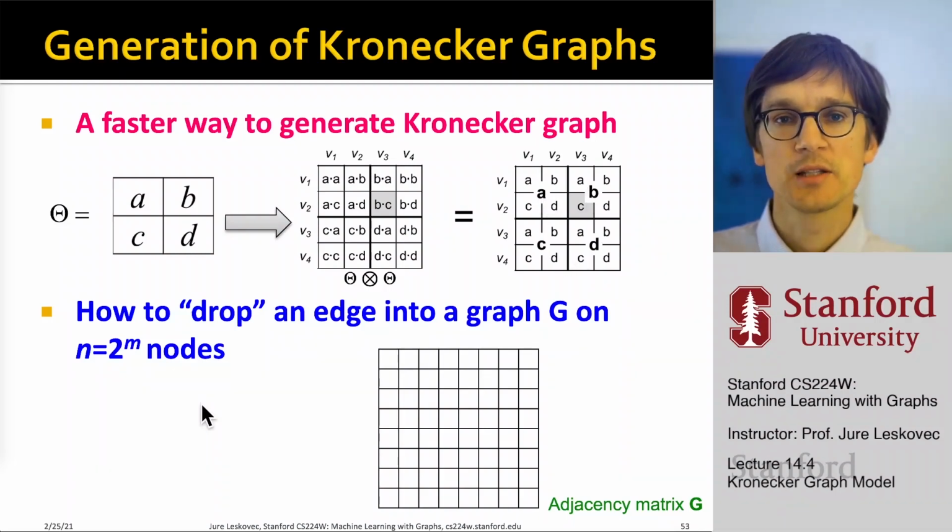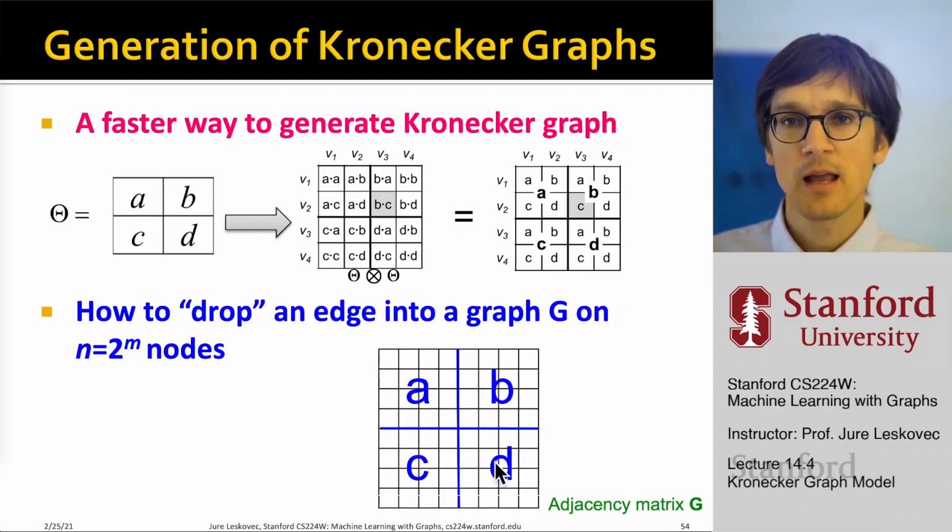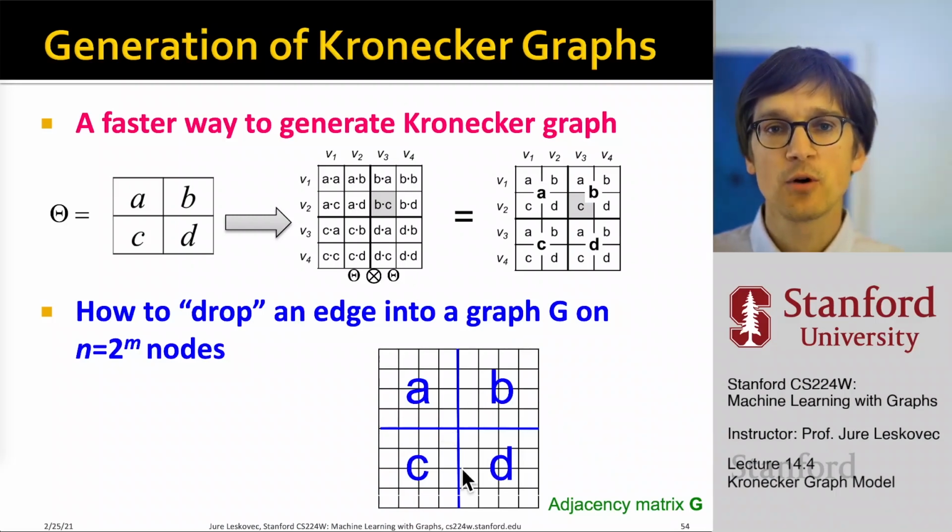So let me give you an example. If this is my final adjacency matrix size I'd like to create, where the number of nodes is the number of rows and columns here, then I can split this into four quadrants and say, A fraction of times I'm going to go into this part of the network, B fraction of times I'm going to go here, and likewise C and D. Then you pick, according to these values A, B, C, and D, one of these four quadrants.